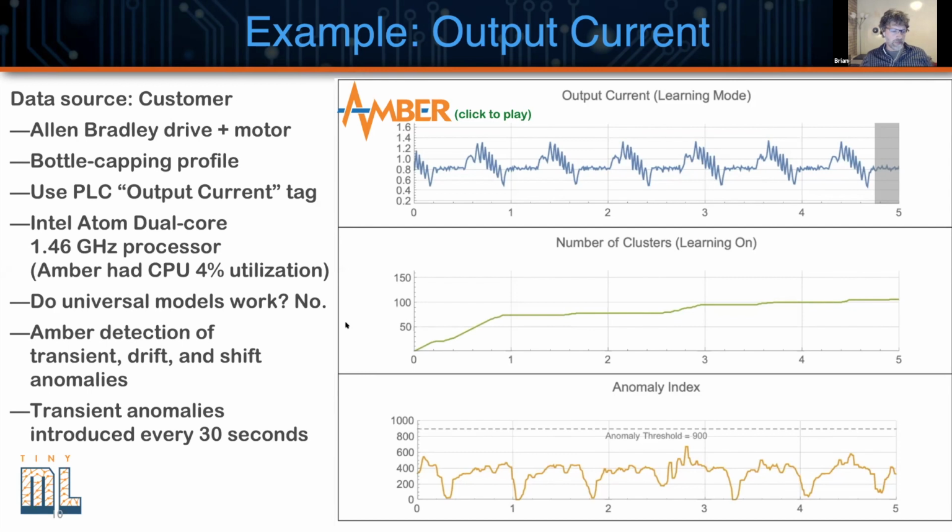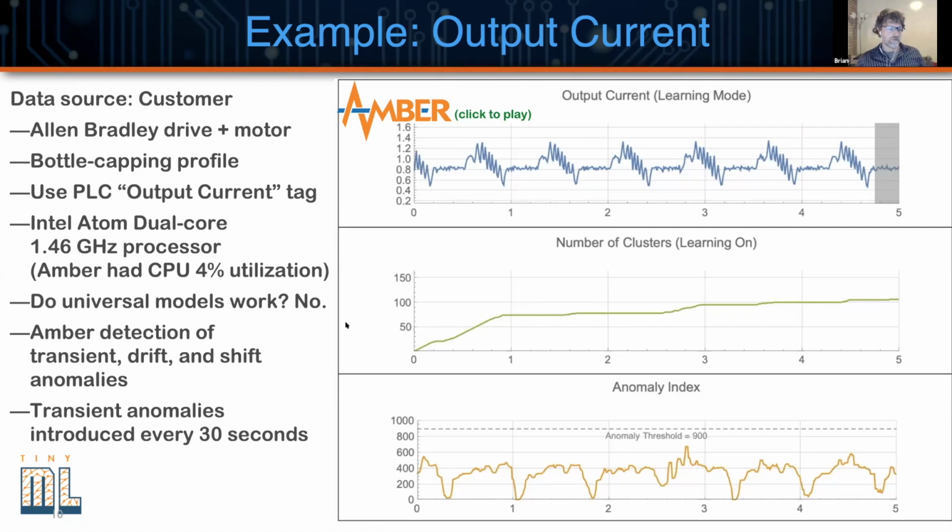One of the core questions around this engagement was, do universal models work? This has been a question that's been popping up and talked about in a number of tinyML talks, and it's also obviously a big topic within the IoT community as well.